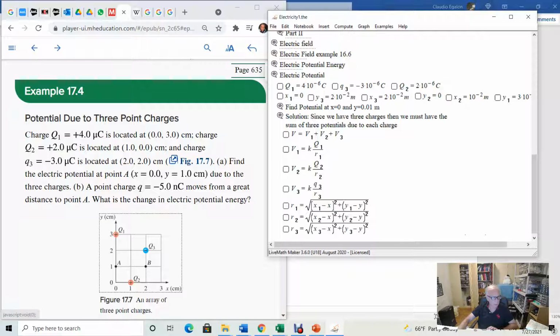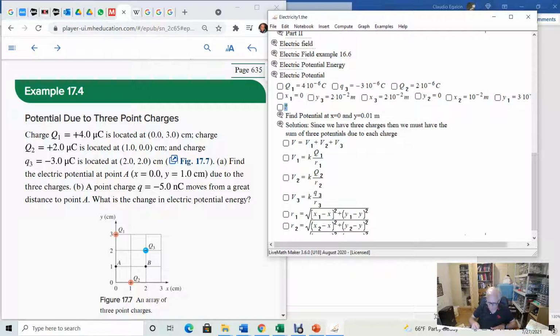Let's say I know that Q1 to A is going to be 2 units, 2 centimeters or 0.02 meters. Let's see if we get that. I also have to write down the x, right?